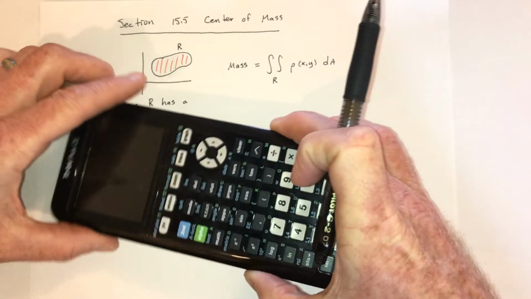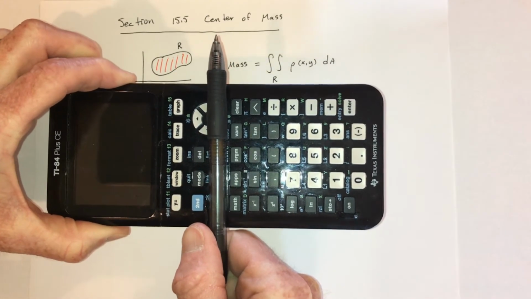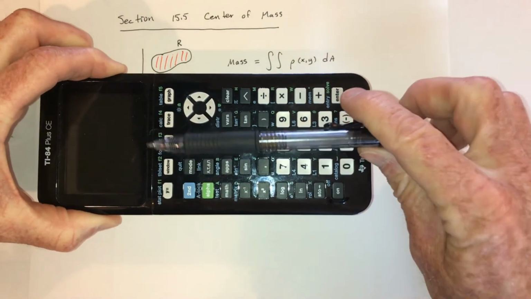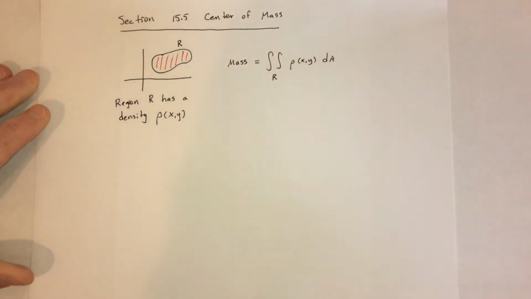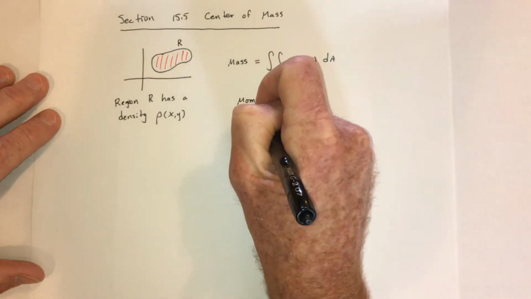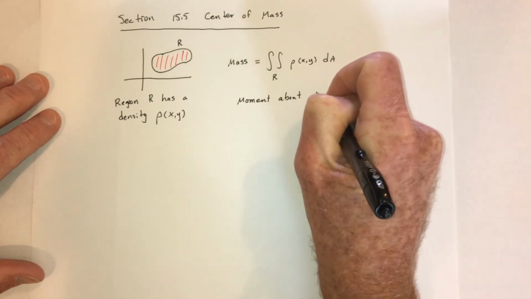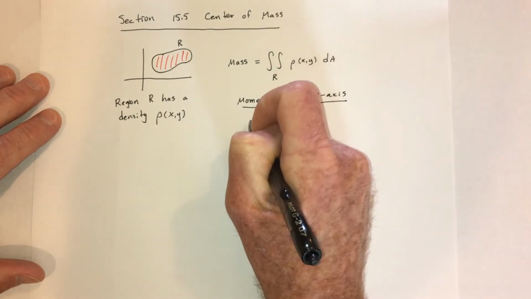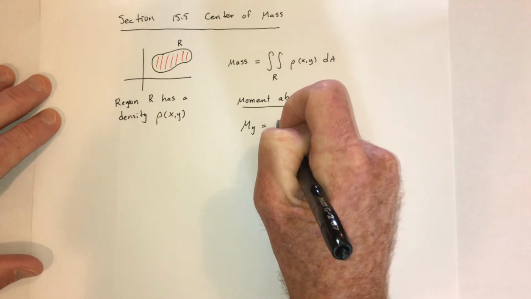Now, like I was doing with the calculator, we need a line like this called the moment. So we need a moment about the y-axis and a moment about the x-axis. So the moment about the y-axis, this will be my, or it's called my.